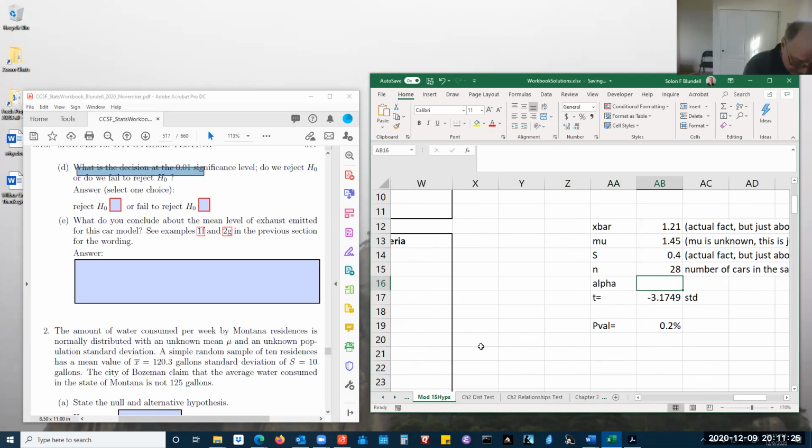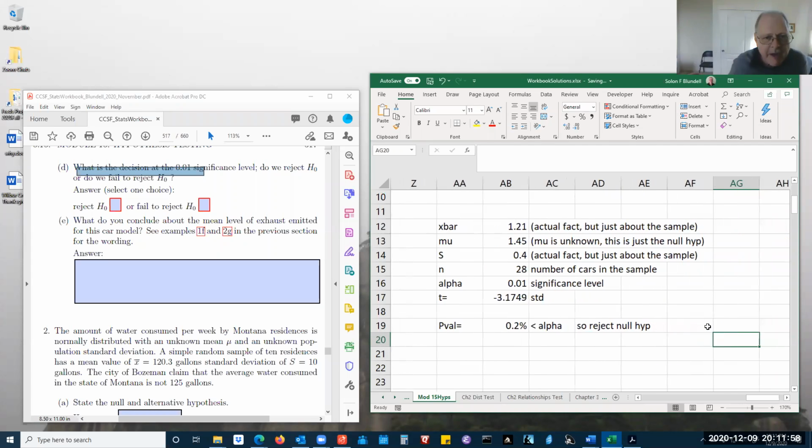Our significance level was 0.01. And you notice that our p-value came out to be less than alpha. So we reject the null hypothesis.